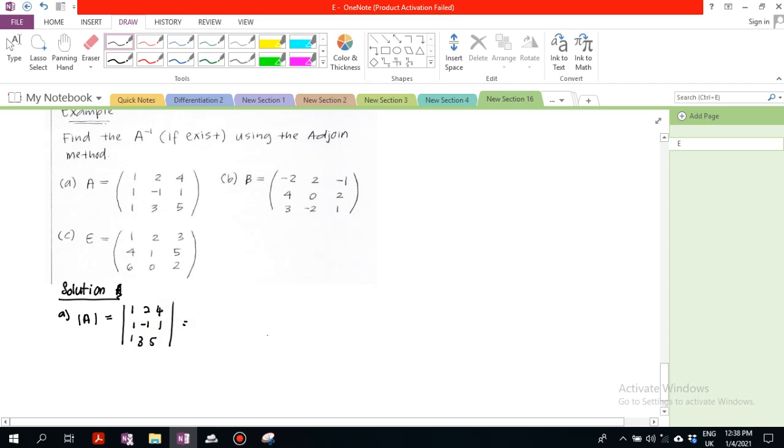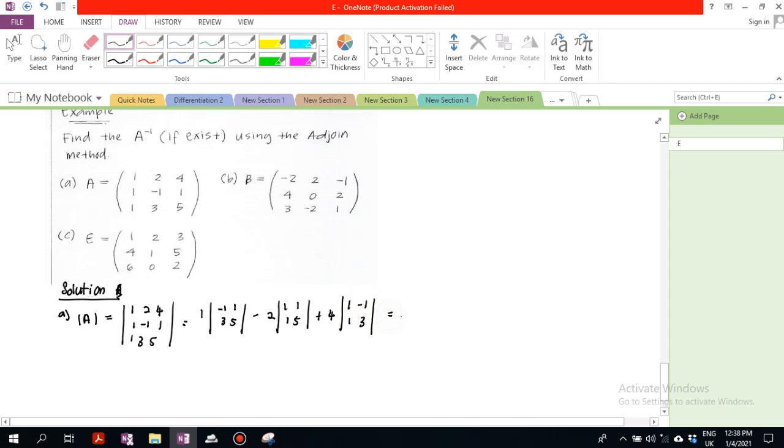So your determinant will be: take the first one, 1, the remaining is negative 1 1 3 5, minus take the second one, 2, the matrix remaining is 1 1 1 5, plus take the third one, 4, so you will get the remaining 1 negative 1 1 3.